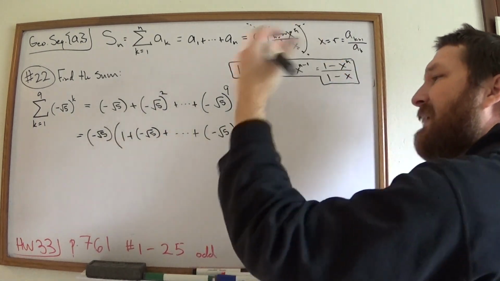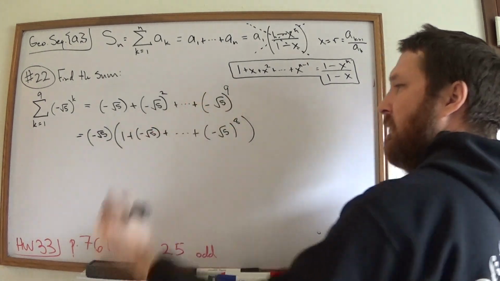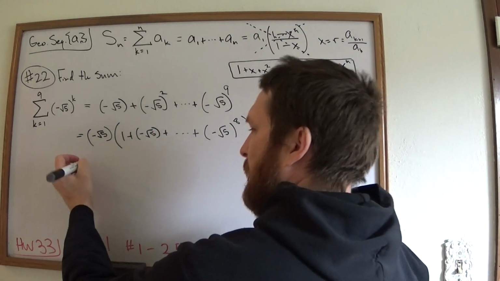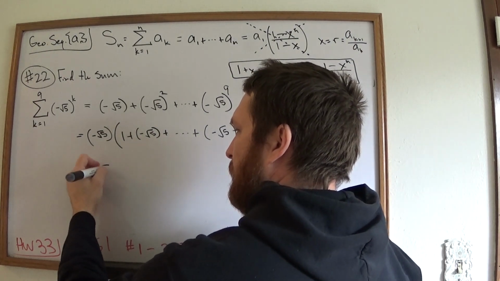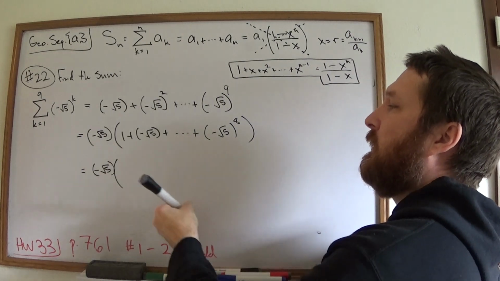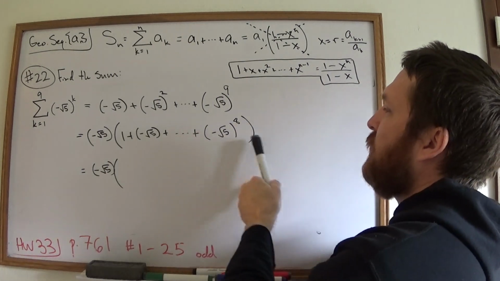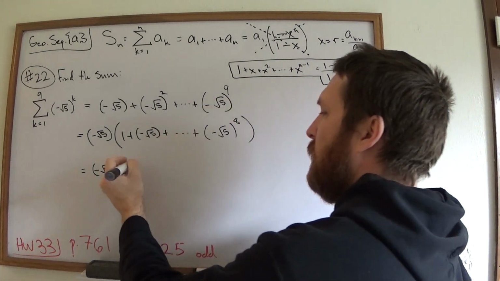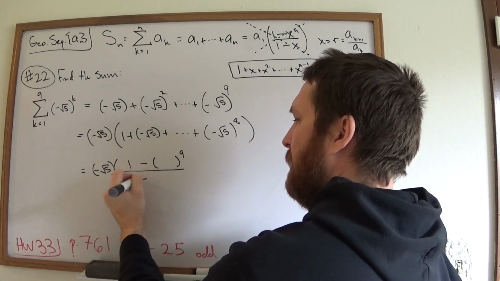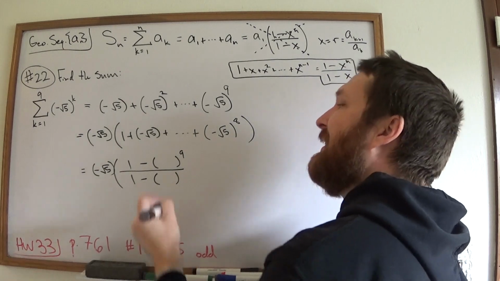But now instead of being to the 9th, it's to the 8th. Right there. Yeah? Okay, so what is that? Well, negative root 5 times, well, this is that, and so we raise the power up by 1 more, and we go 1 minus the thing to the 9th, over 1 minus the thing. What is that thing? Negative root 5.